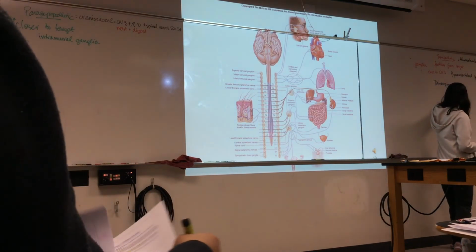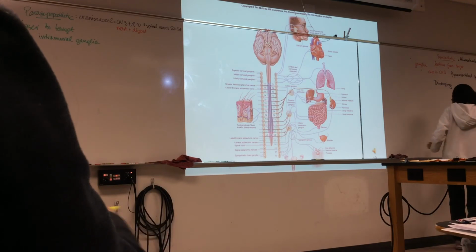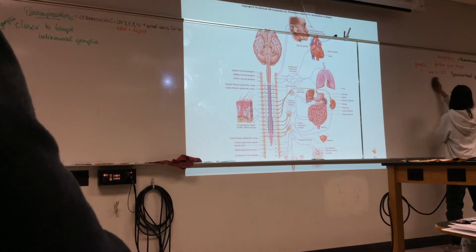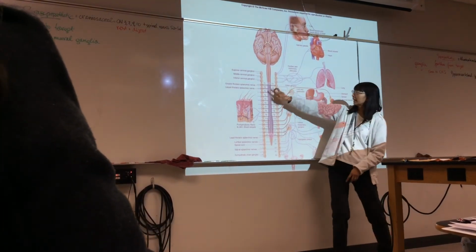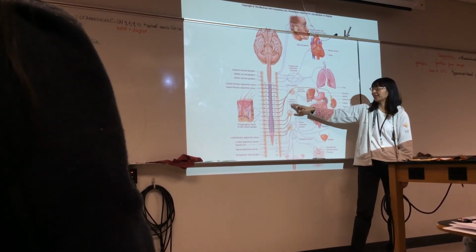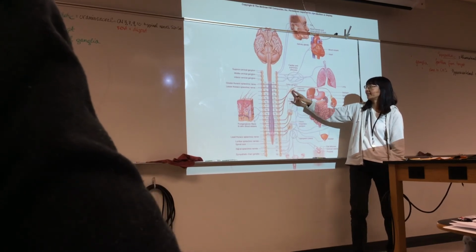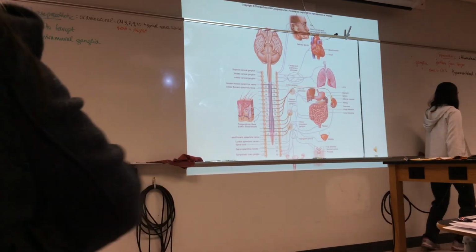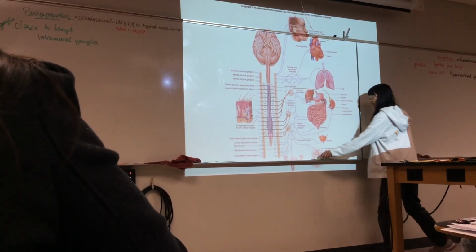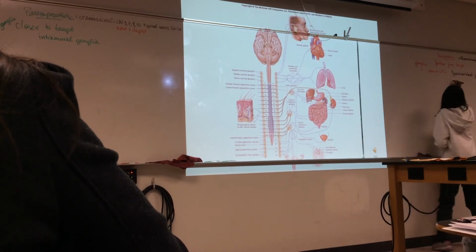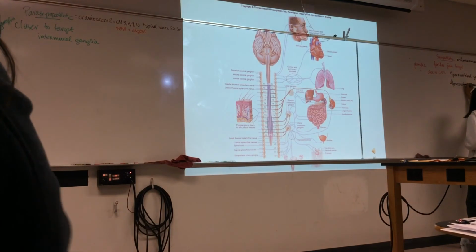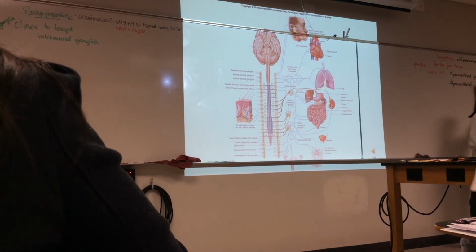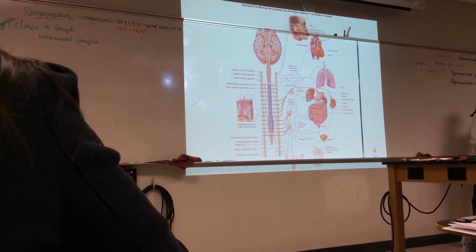Okay, so because it's diverging, let's look at the possible pathway. But before I do that, let's talk about the different ganglia. So we have paravertebral ganglia, right? Paravertebral ganglia. We also have these guys, and those are called prevertebral ganglia.